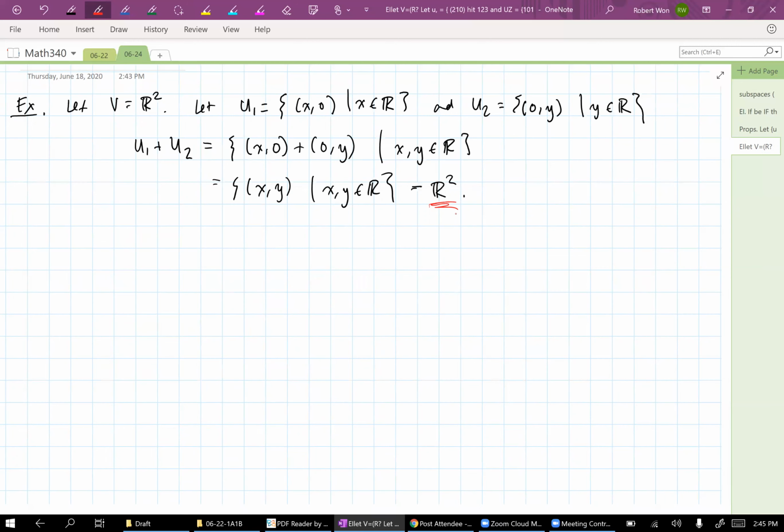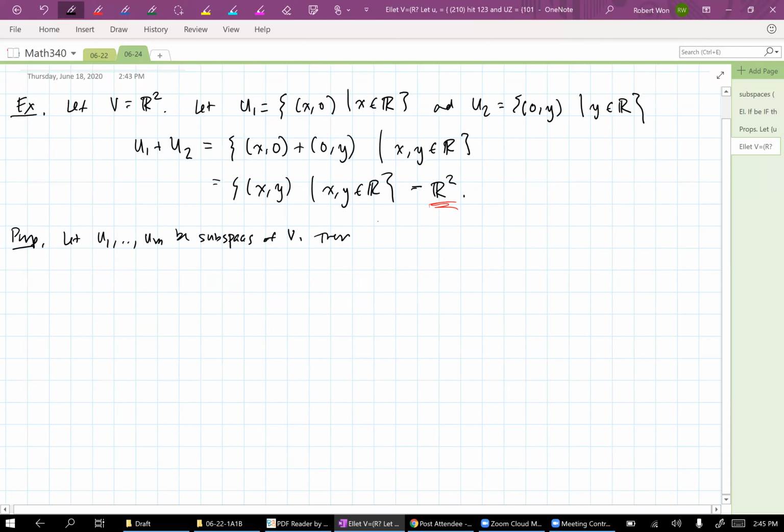In fact, this fact is true in general. It's actually our next proposition. So let U1 through UM be subspaces now. Then the sum is the smallest subspace of V containing each of the subspaces U1 up through UM.